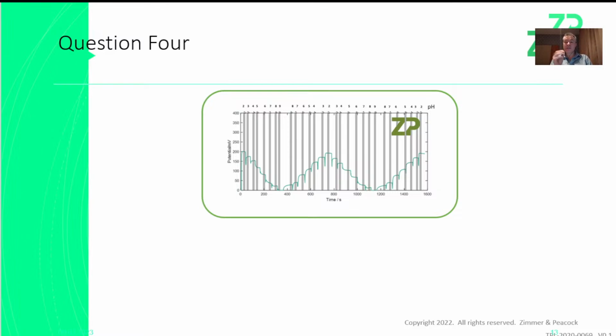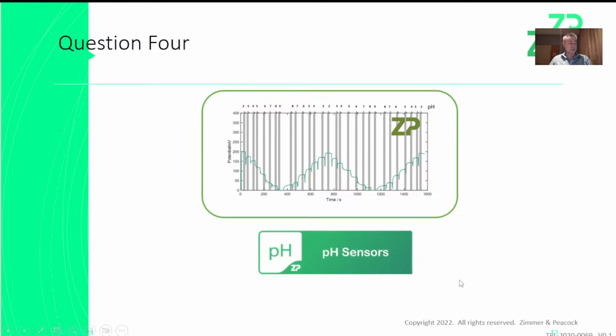So how long a sensor will last is very much influenced by what you're actually putting it in. You can't put out blanket statements like it will last this long. You could just put out evidence of it being quite robust. But to actually know whether it's going to last in somebody's application or not, unfortunately, you have to do the science. So the most continuous data we have on the pH sensor is 20 minutes.